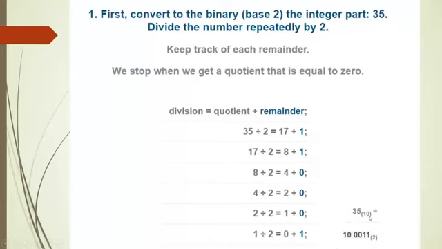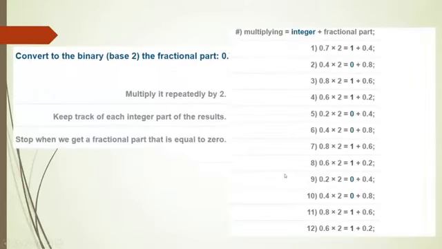So 35 in decimal can be written as 100011 in binary, which you have already seen in basic electronics. These are 2 to the power 0, 2 to the power 1, 2 to the power 2, 2 to the power 3, 2 to the power 4, 2 to the power 5. 2 to the power 5 is 32, and this is 3 anyway. 32 plus 3 is 35. So this is clear, I believe.